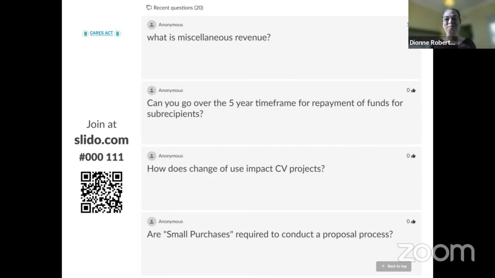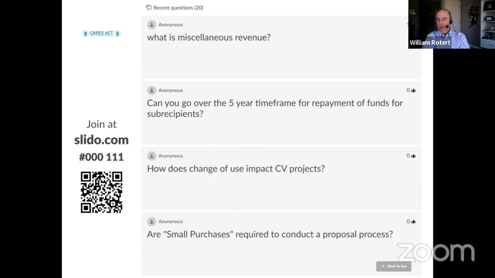Yeah, you've got a subrecipient and your relationship with them ends. There's a minimal 5-year time frame that applies to any real property that they acquired with CDBG funds. You could extend that if you like. I know some grantees that did.